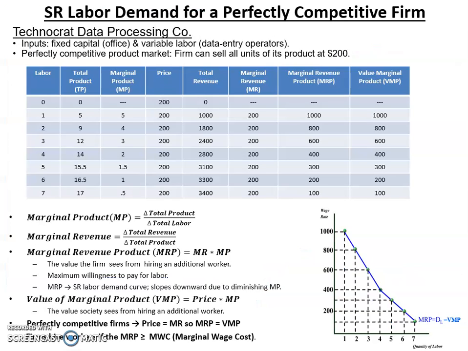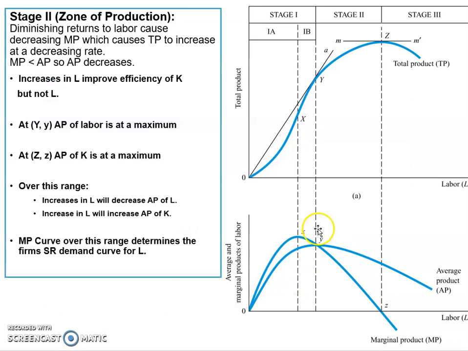For this firm, they can hire 0 to 7 units of labor. Here's their total production function. Looks like it increases as they hire more workers. And you'll notice that the marginal product is decreasing with each worker. Note that this fits with our zone of production phase. Increasing total product over stage 2, yet decreasing marginal product over stage 2.